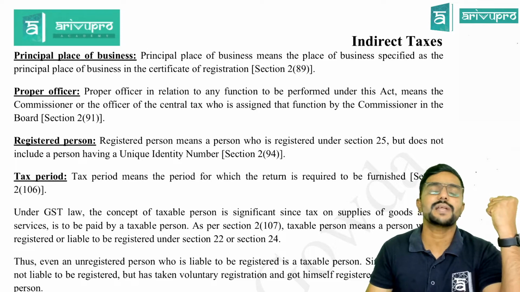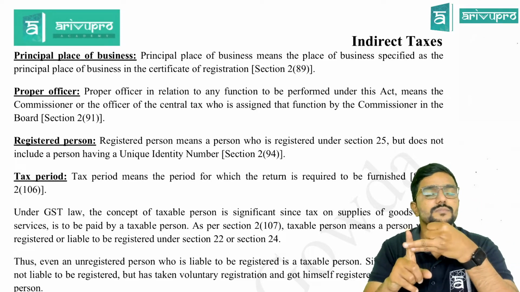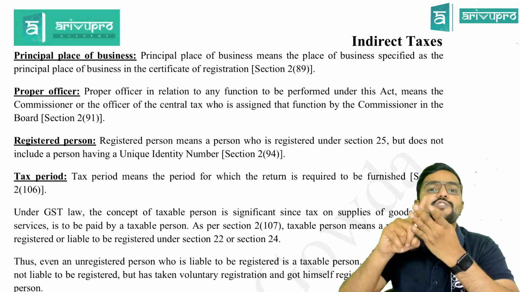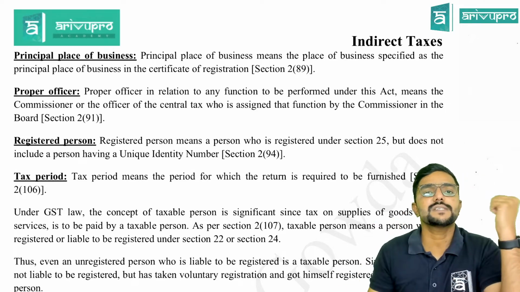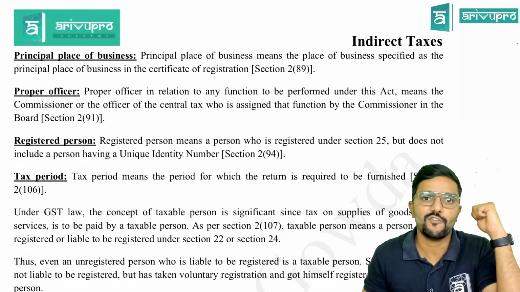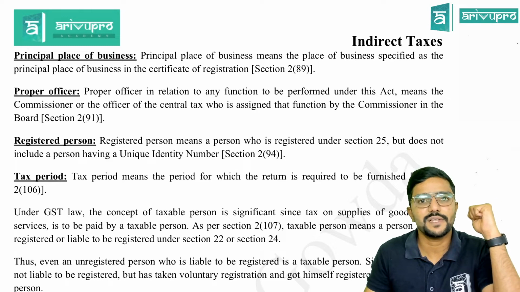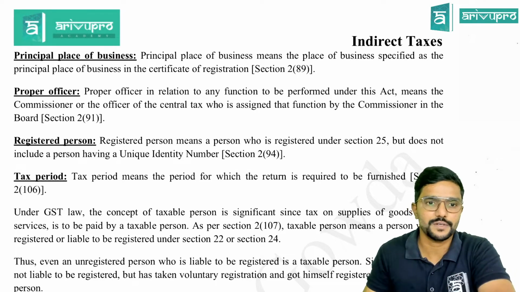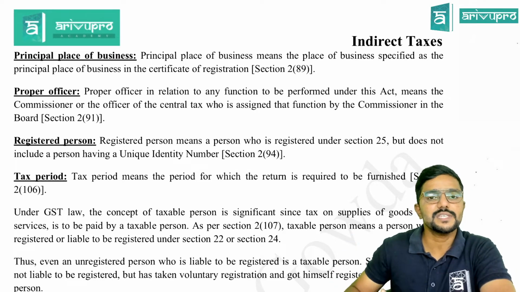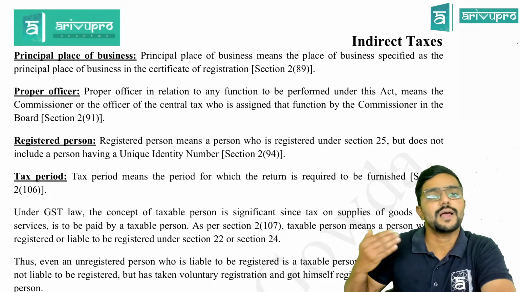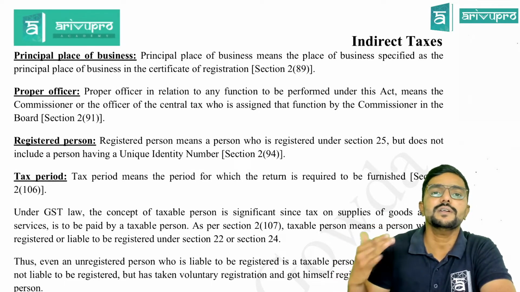So assume I have branches in Mysore, Mangalore, Hubli-Dharwad and Shivamogga. These 4 branches I will mention as additional place of business, guys. Additional place of business. Hope you guys got it. So who will select a business place as principal place of business? Me only. The person who is applying for registration.